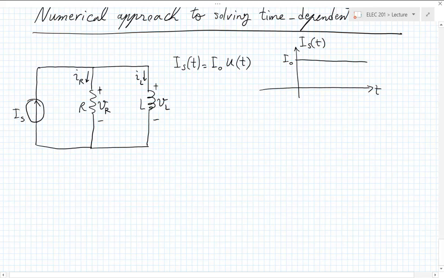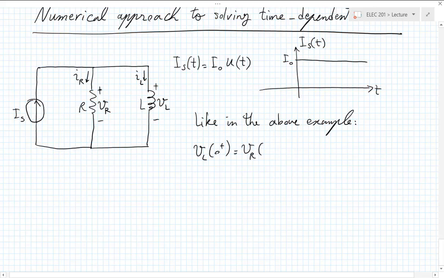And so all the current went through the resistor, which gave us an initial voltage of I naught R. So like in the above example, in this case, VL at 0 plus is that. And we know in this case that it's going to decay exponentially.